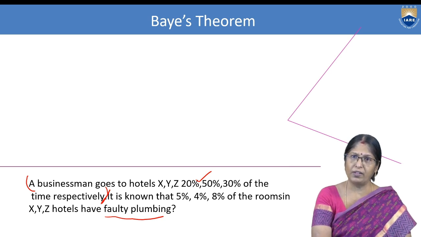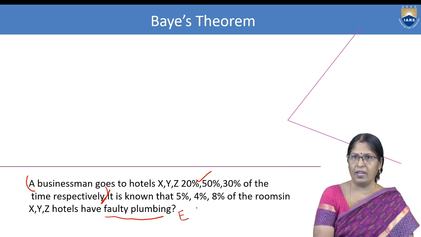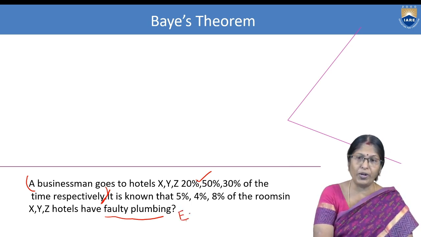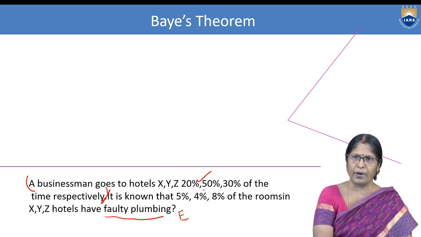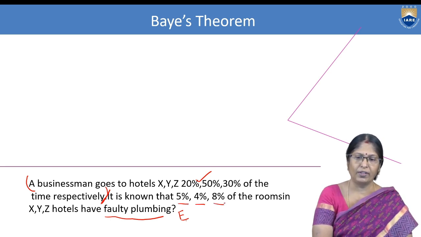That event, we should give our own name. Here we are giving the name capital E. This event should interact with our main events with some percentage: 5%, 4%, and 8%. With this, we are going to solve step 2.